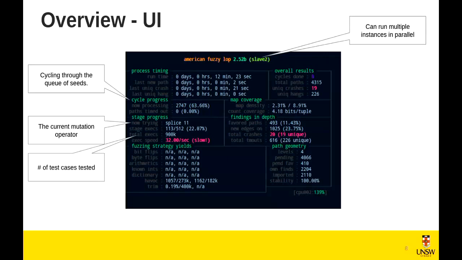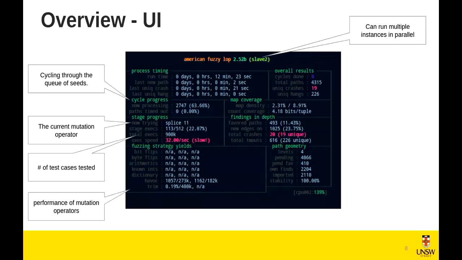As you can see here, in this screenshot, the fuzzing instance has been started for 12 minutes, and it has already tried 900,000 test cases. So AFL is actually a very, very powerful tool. It can automatically generate a large amount of test inputs.